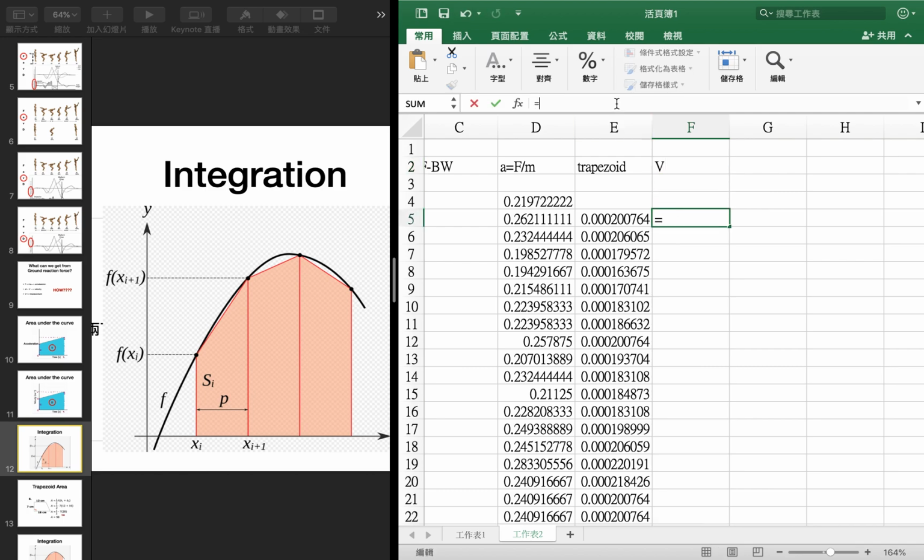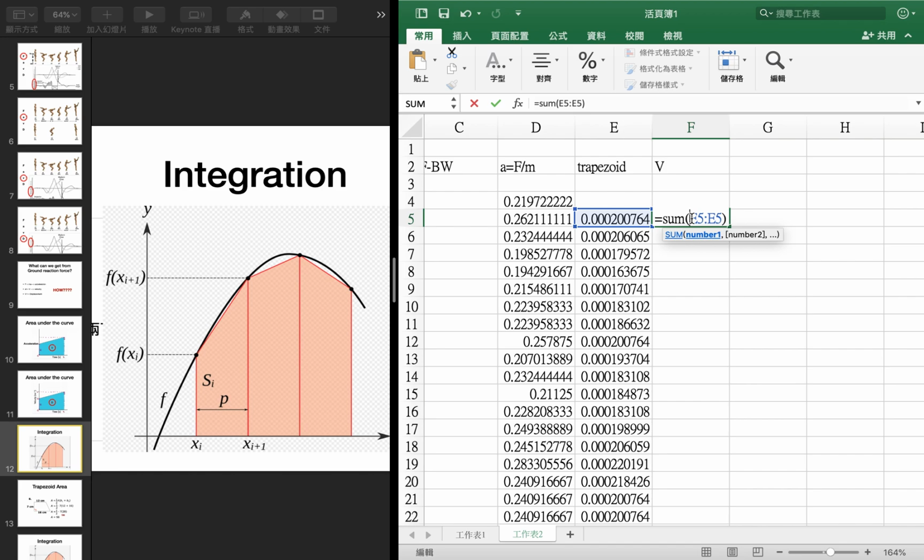And the first data point would be equal to sum from E5 to whatever you want. So we use E5 to E5. But we want to keep E5 here.